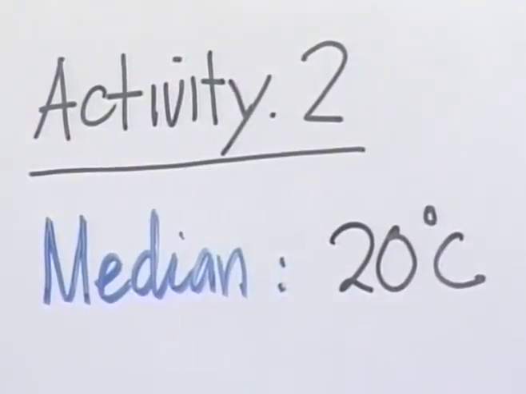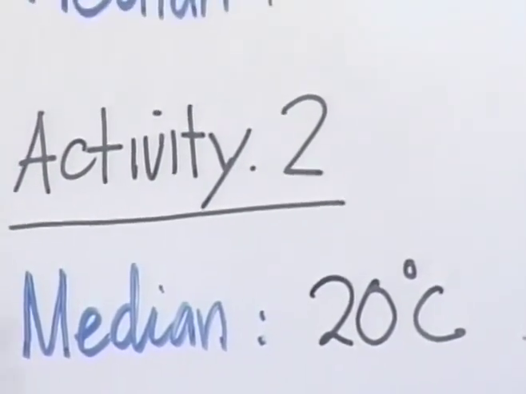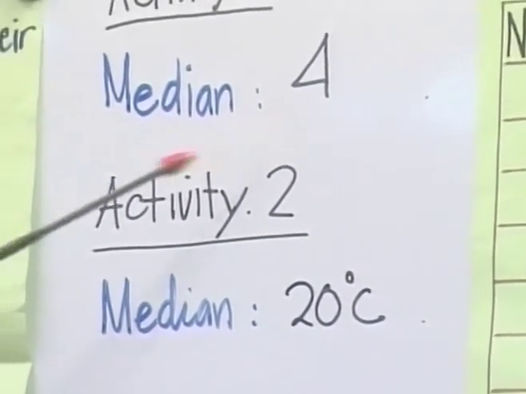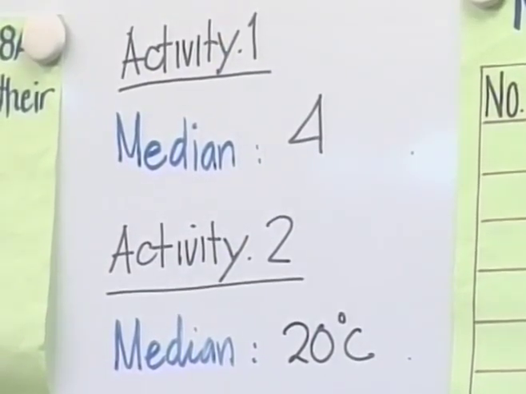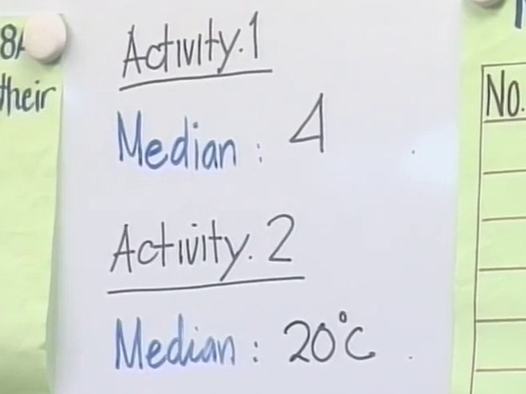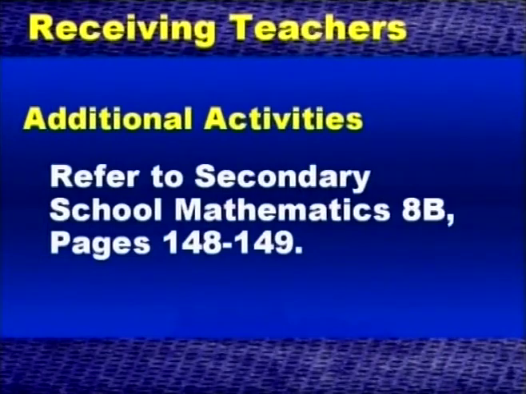Receiving students, the answers for activity 1 and 2 are on the board. Activity 1, the median is 4, and activity 2, the median is 20 degrees Celsius. Receiving teacher, for more additional exercises or activities, please refer to the reference given on the screen.